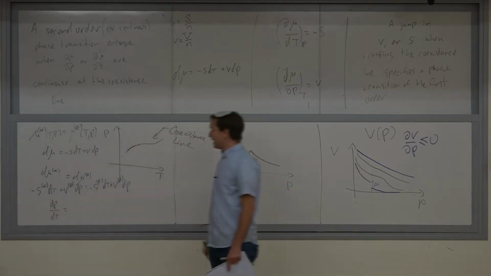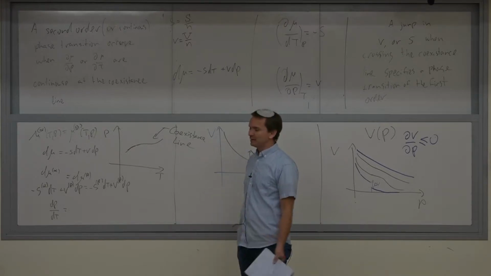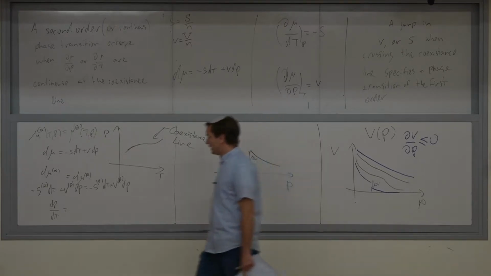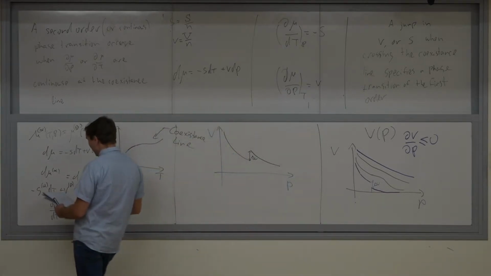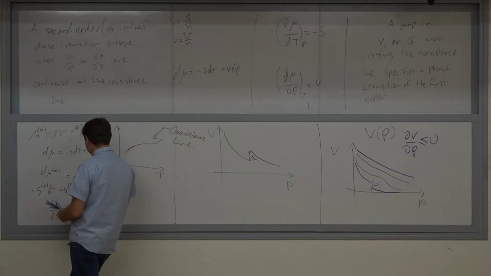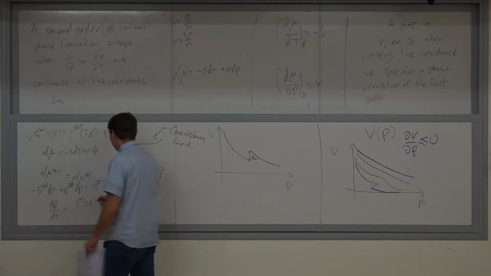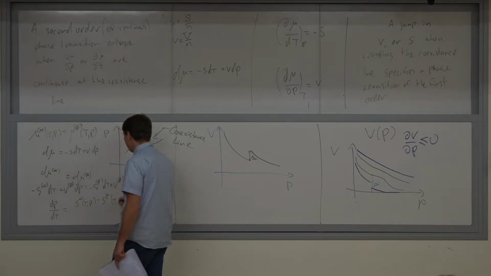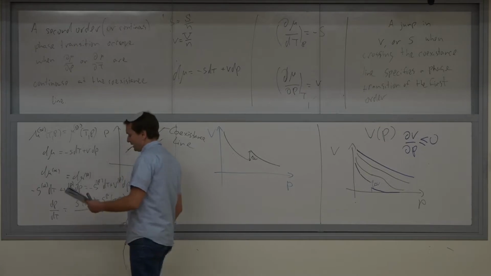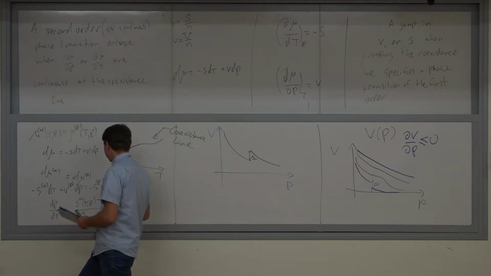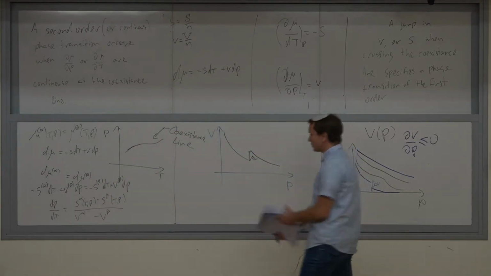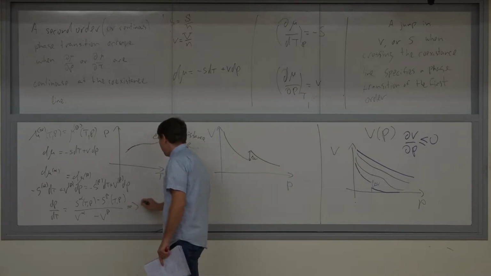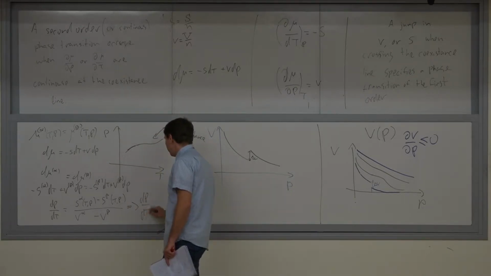I take all the dP's to one side and all the dT's to the other side, and eventually what I obtain is that it equals S alpha at T and P minus S beta at T and P, divided by V alpha minus V beta. Okay. Let's write this as dP by dT equals delta S divided by delta V.